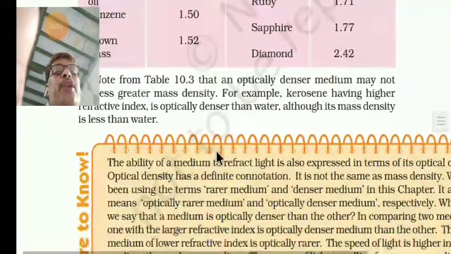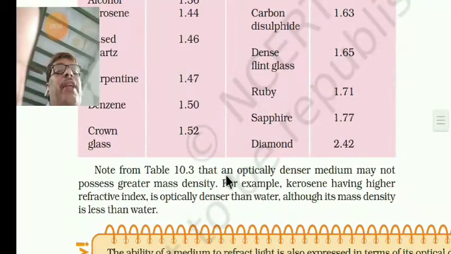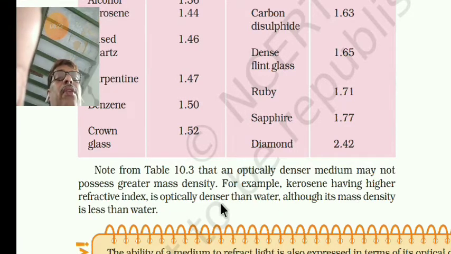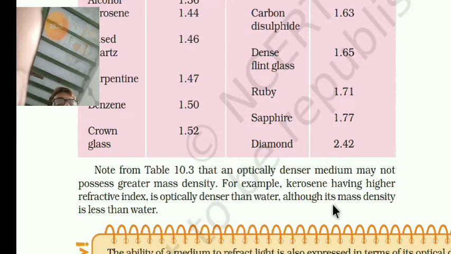So it does not depend upon the mass density. Kerosene is optically denser than water, although its mass density is less than water.